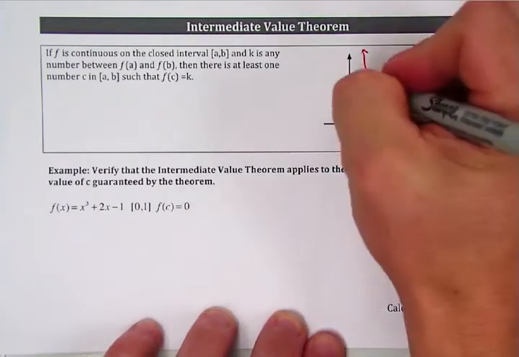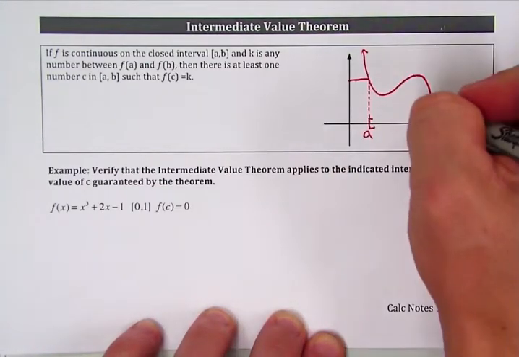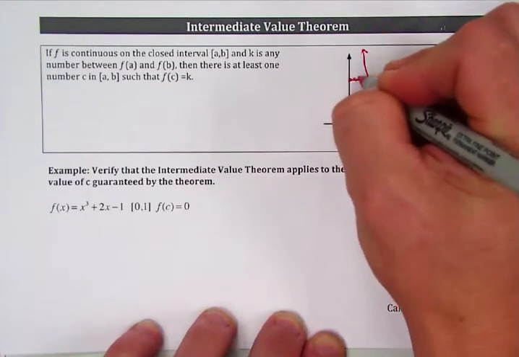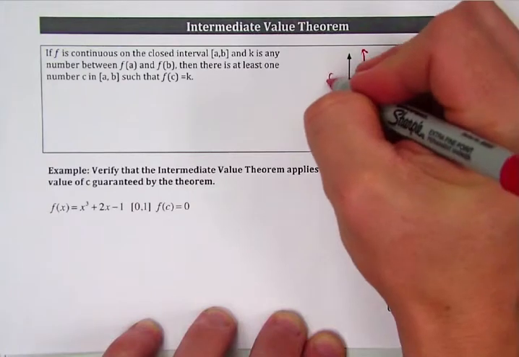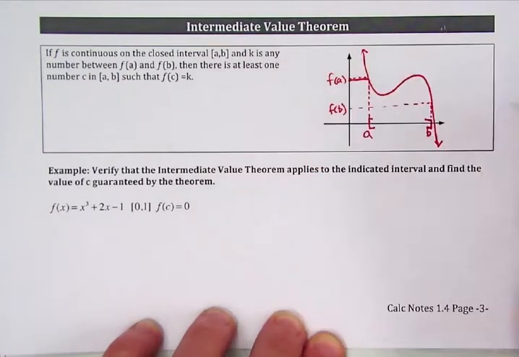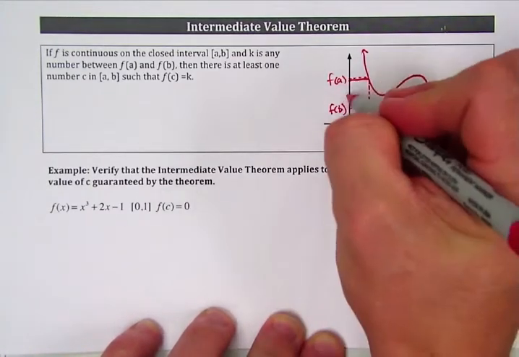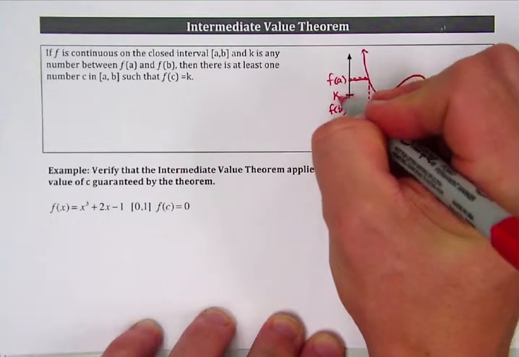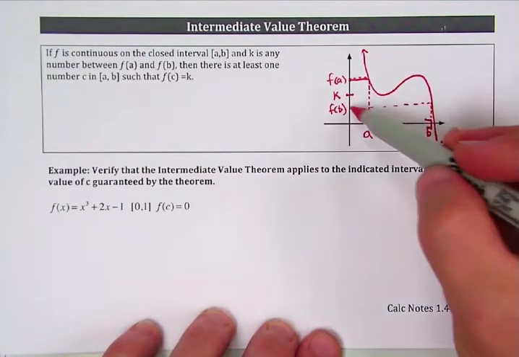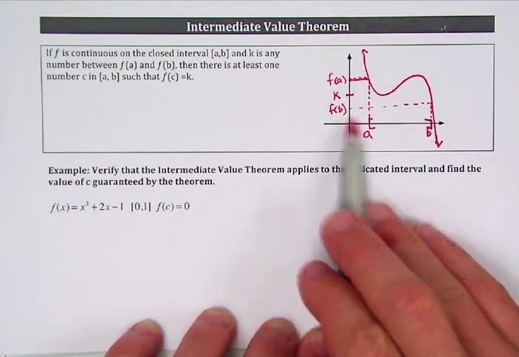that means if k is any number between f of a, right here, and f of b. So we can let k be anything between here. Then there's at least one value c down here where f of c equals k.